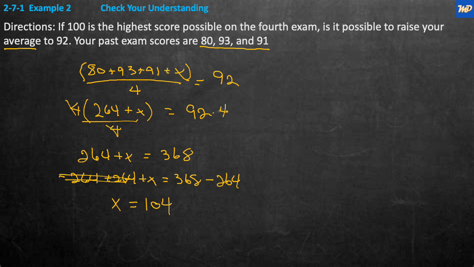So the answer is you have to be able to get a 104 on your final test in order to get a 92 average. And so the answer is no. You cannot raise your score to 92. The highest you can get is, well, I don't know what it is offhand, but the answer is no. Is it possible to raise your score? No.